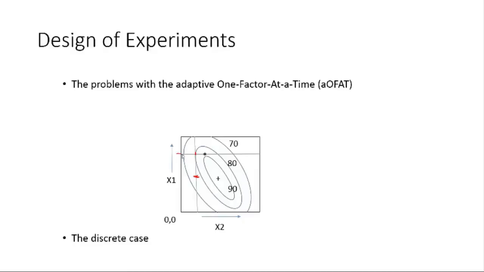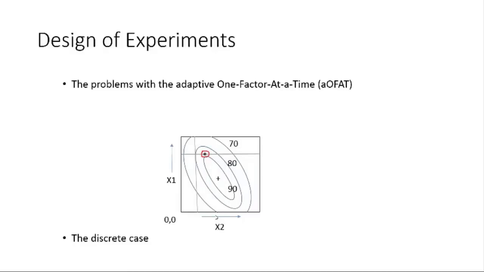Okay, so x1 gets set to this value, and then you go about changing x2. Basically when you're changing x2, you're staying on this gray line out here, and as you keep going through x2, you find that the point where there's a star is the peak, and you conclude that that's the highest point. So you choose to set x1 and x2 such that you are at the star.